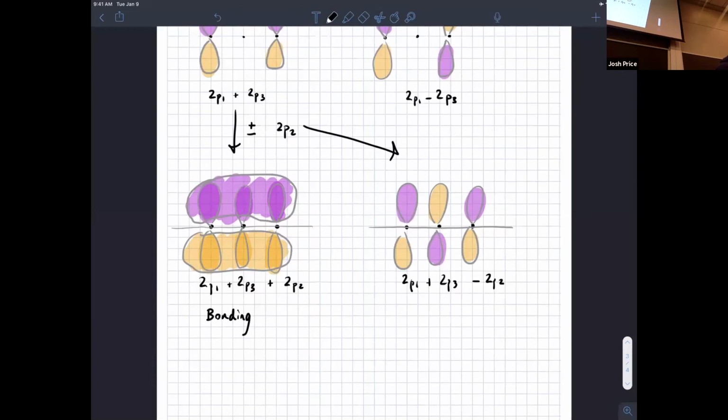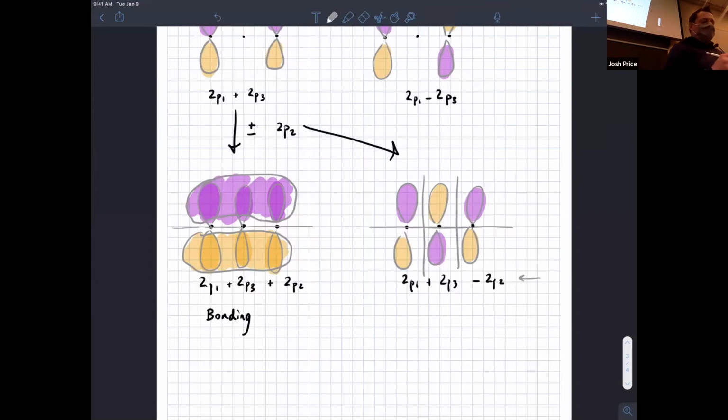How many nodes do you see in this orbital on the right, this out of phase combination? Other than the one that's horizontal. 2, one here and one there. Okay, if you said 4, the node on the bottom is actually the same as the node on the top.